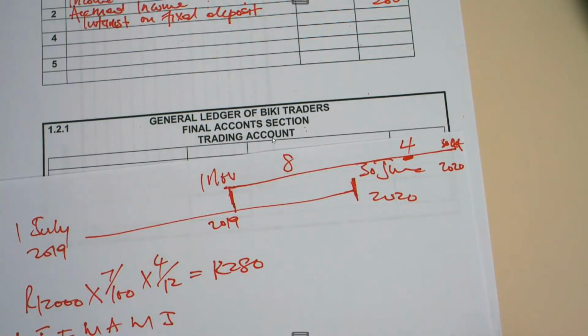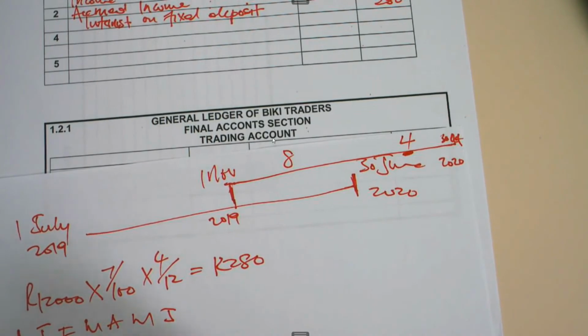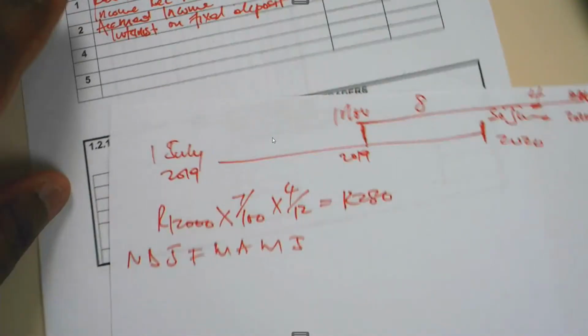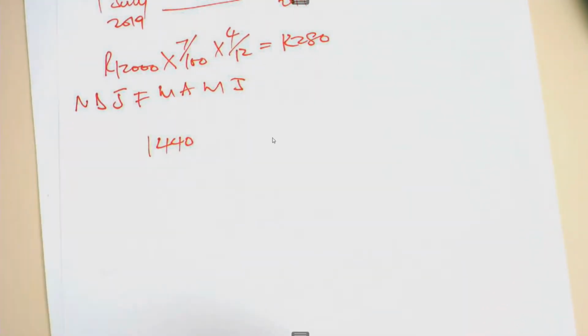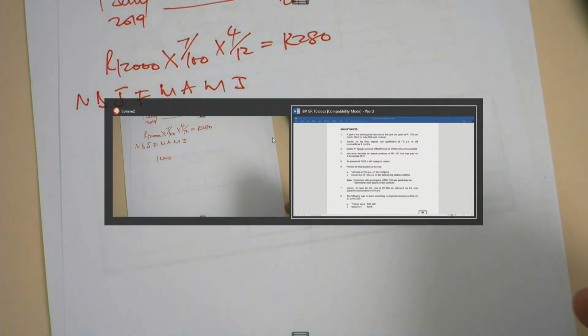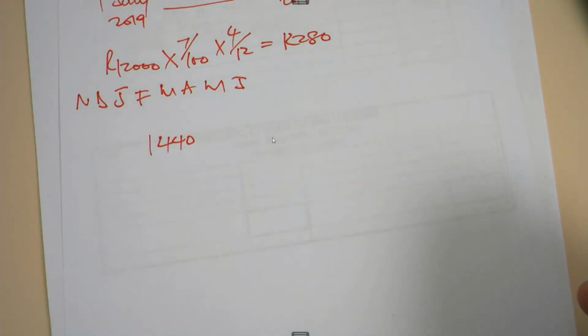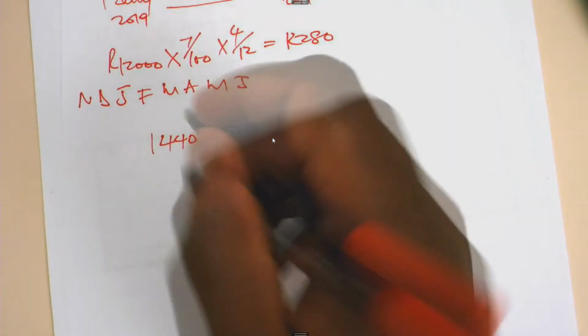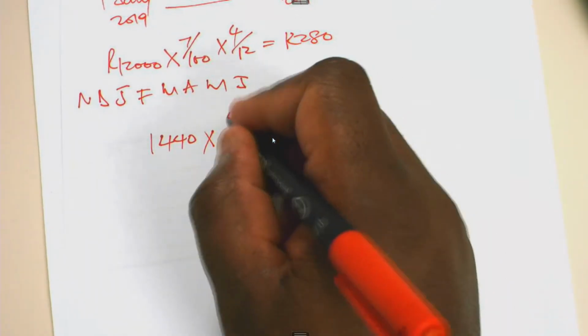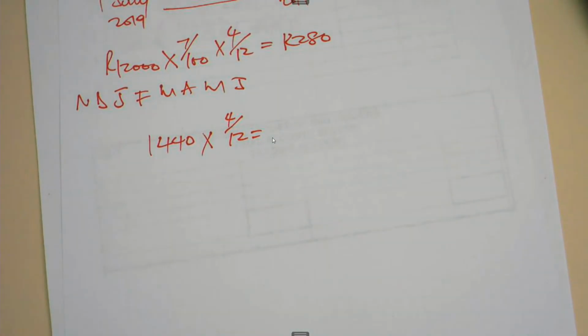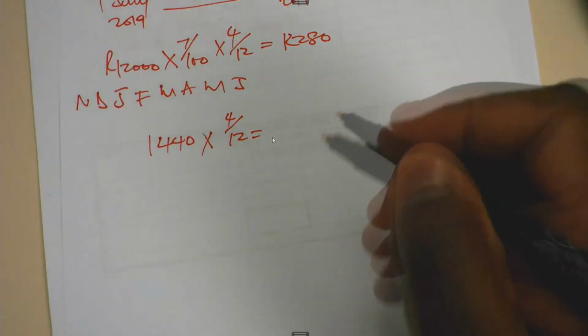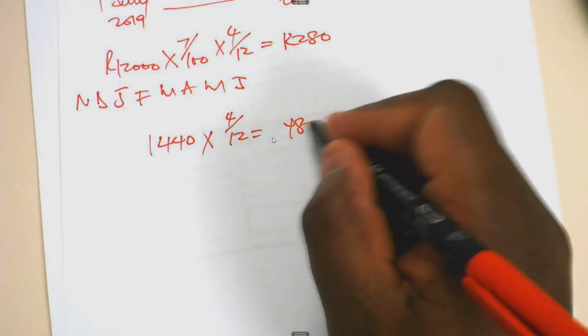Now, in our calculation, we say 1,440 times 4 divided by 12. Let me check. 1,440 times 4 divided by 12 is 480.